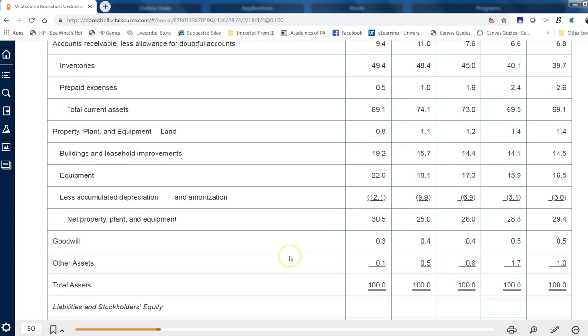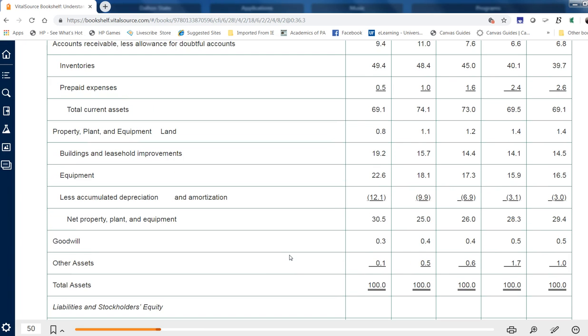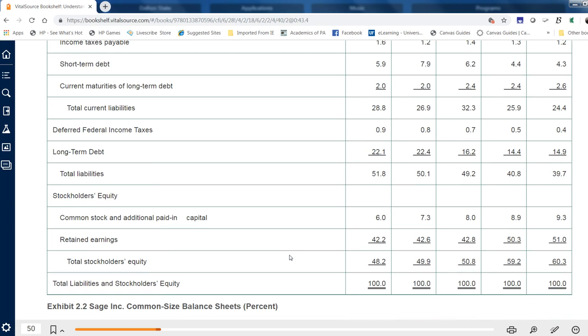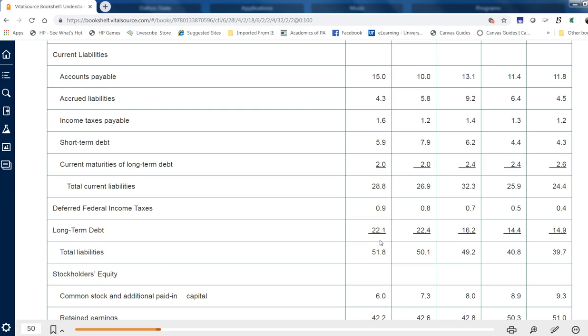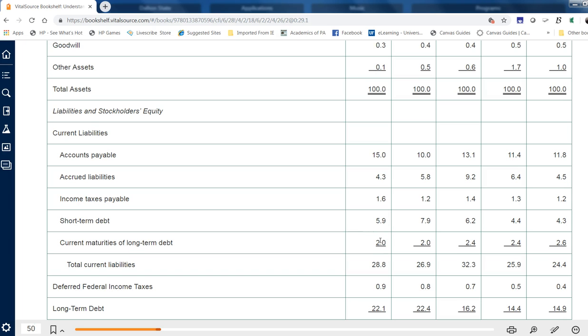You'd also want to make note that while in total net property, plant, and equipment has been relatively stable, there has been some movement within specific categories. That could be the explanation for why the company is taking on additional long-term debt. To go from 14.9% to 22.1%, that's a jump in the proportion of long-term debt to the rest of the liabilities and equity, and so that may be funding the purchase of additional long-term assets, and that's what you could say about that.